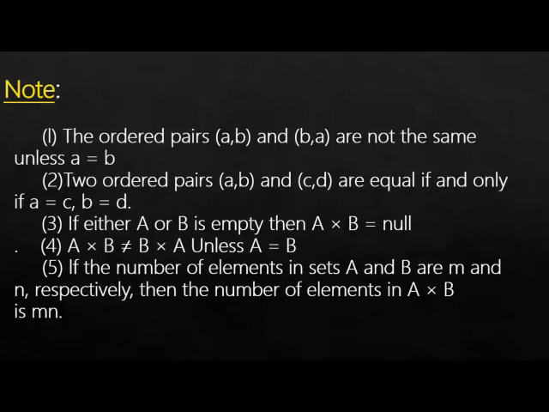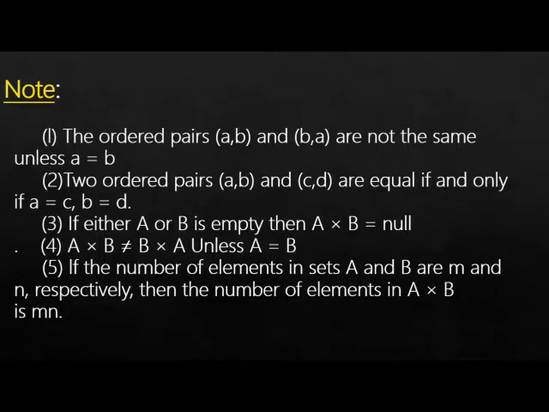And if B is a null set, B has no elements, so it can't be paired up with the elements of the set A. So it would also be a null set. So if either A or B is a null set, the Cartesian product would be a null set.